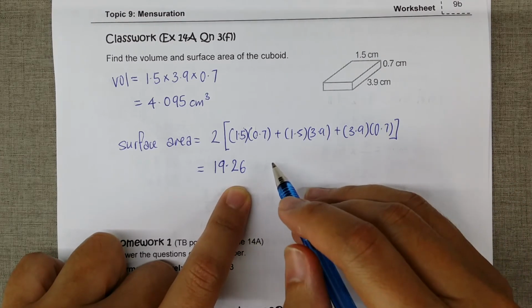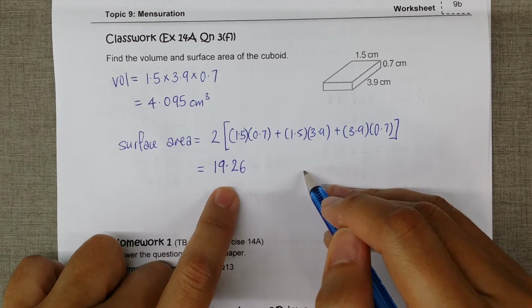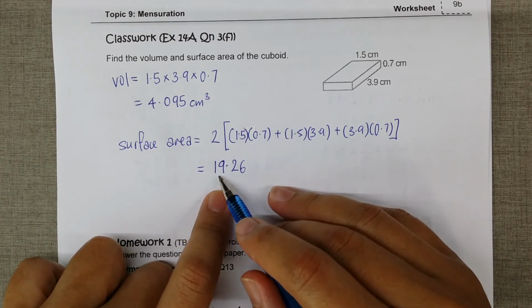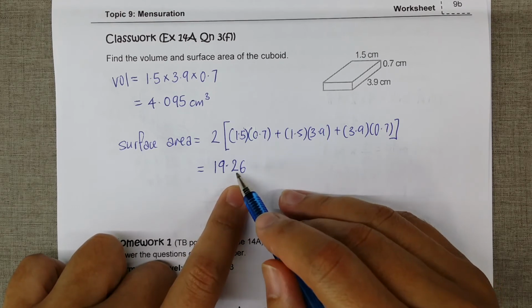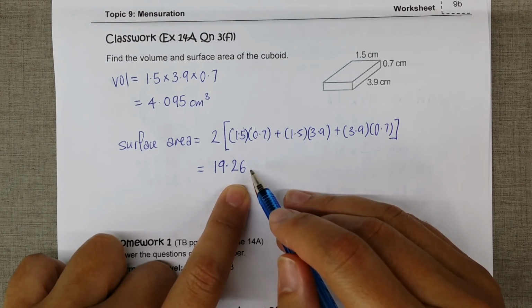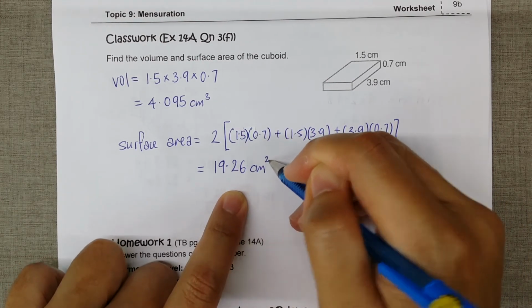If your calculator shows 9 numbers, then we have to round off to 3 significant figures. But for this case, I only see 19.26 and it stops. This is an exact answer. I will just write 19.26 as my answer and follow up by cm square.